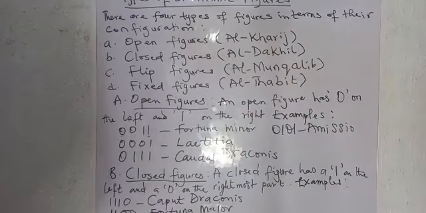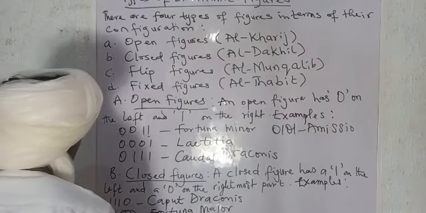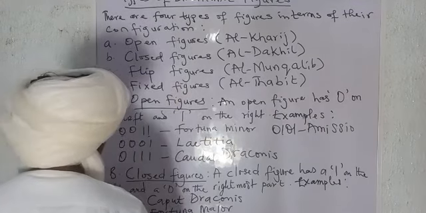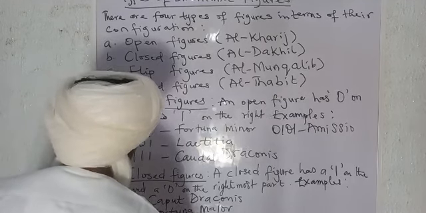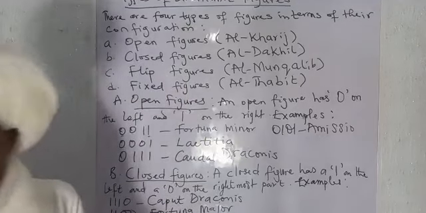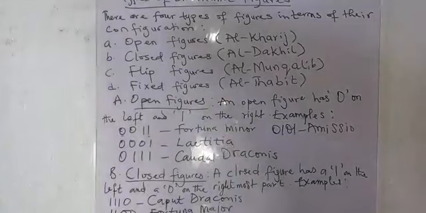That's very good. Dakhil 1010. This is called in Latin Acquisitio. Now remember one example for the closed figure. There are four of them.